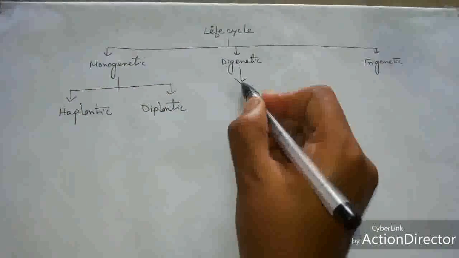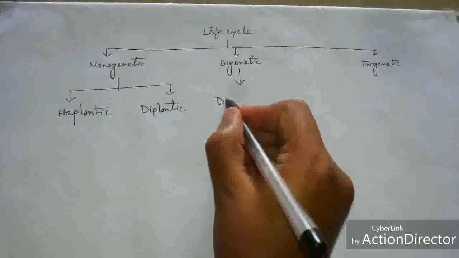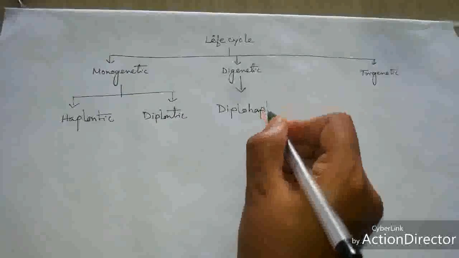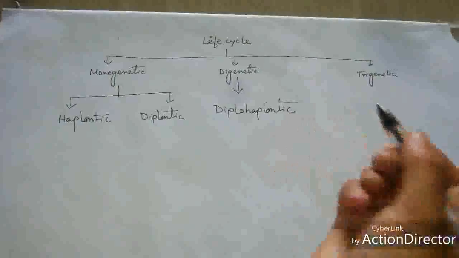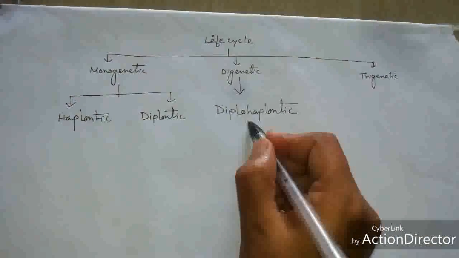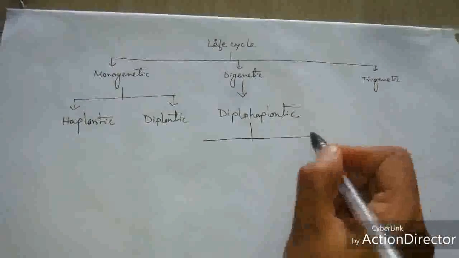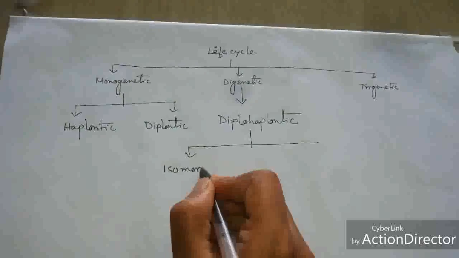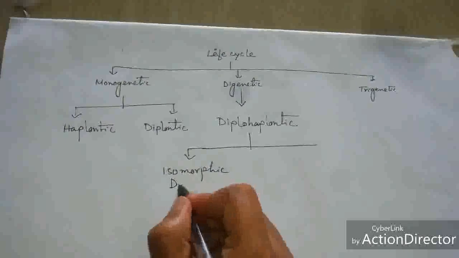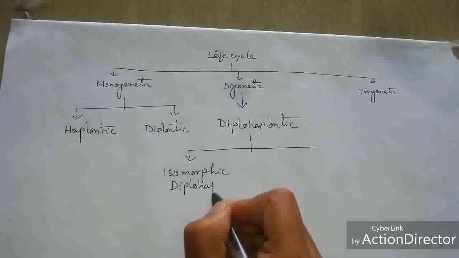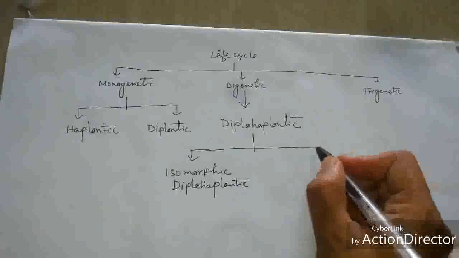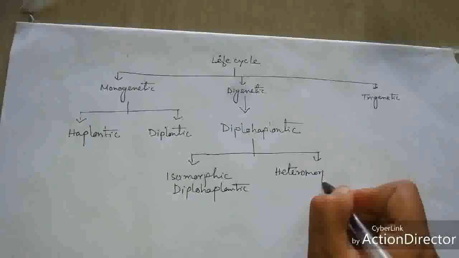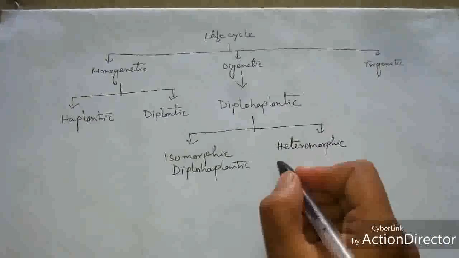Digenetic has diplohaplontic, and diplohaplontic is also divided into two types, one isomorphic diplohaplontic and another is heteromorphic diplohaplontic.